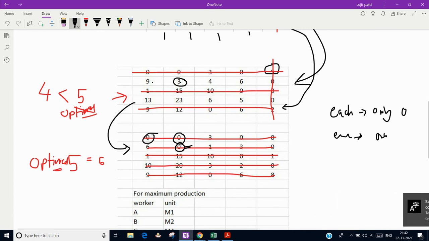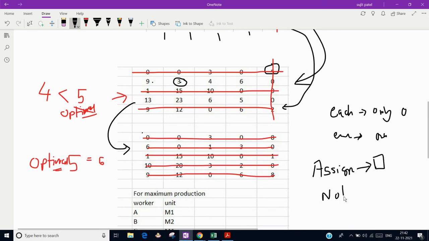This is what we should keep in mind. So now I am assigning the values. I am first assigning this 0, and the assigned zeros are shown by a rectangle or square, and those which are not assigned are crossed.